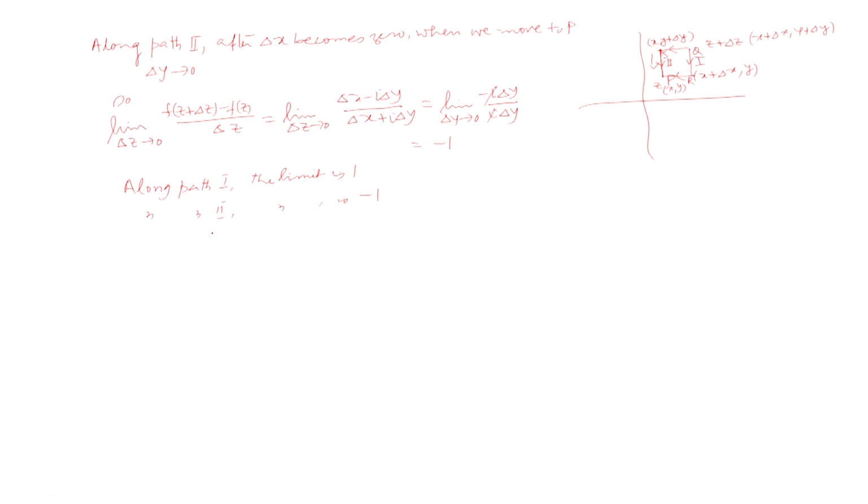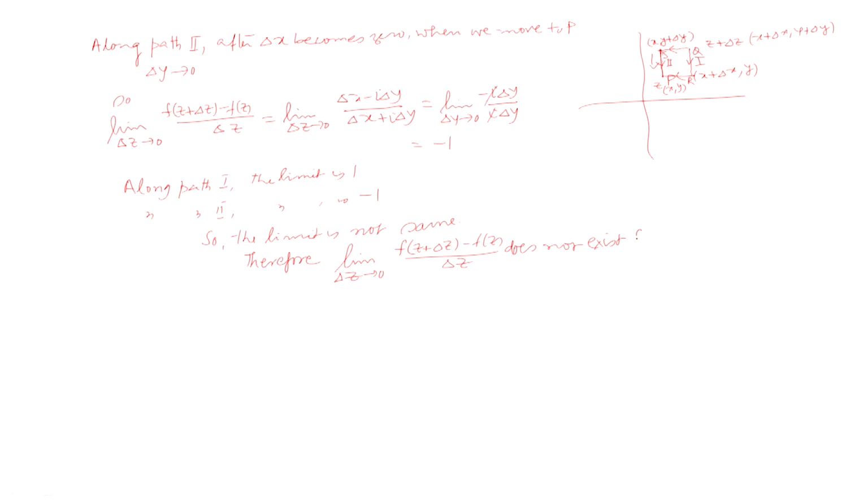So, the limit is not same, and therefore limit delta z tends to 0, f(z plus delta z) minus f(z) divided by delta z does not exist for any z.